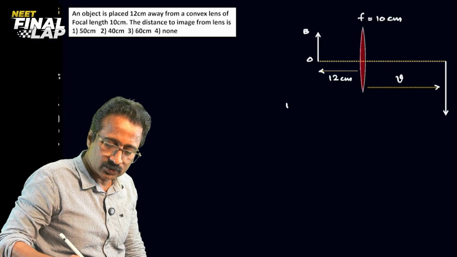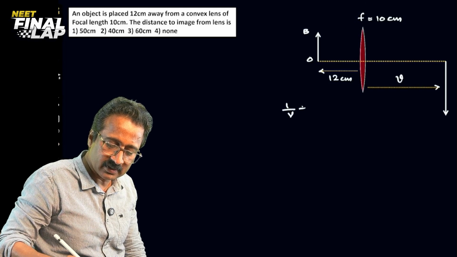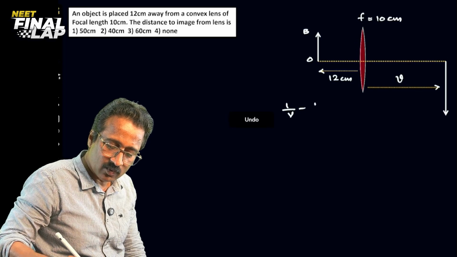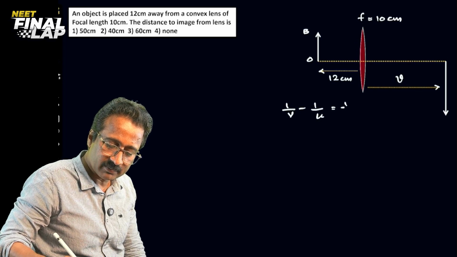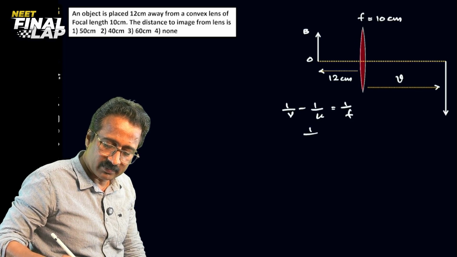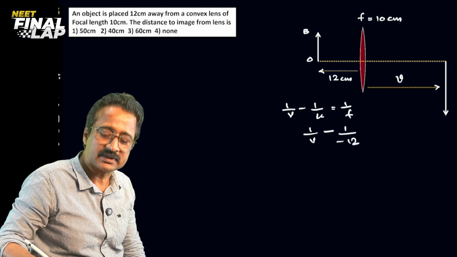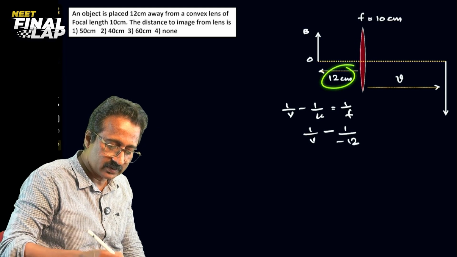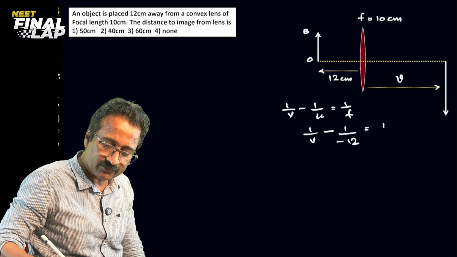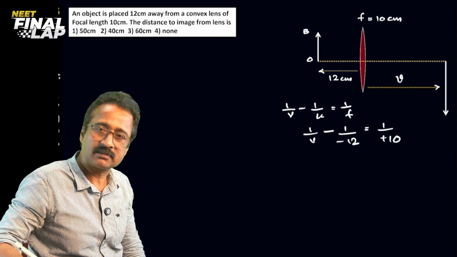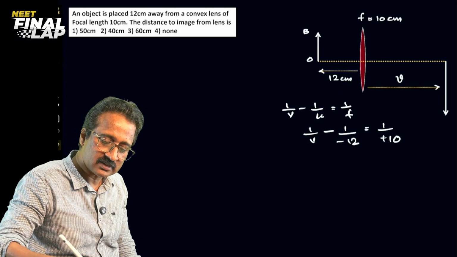Best way is to use a lens formula, distance formula. 1 by v minus 1 by u is equal to 1 by f. Okay, 1 by v is unknown, minus 1 by u is minus 12 because that 12 is actually taken backward, is equal to 1 by f. 1 by f is 1 by plus 10. You know why? Because the lens is convex.